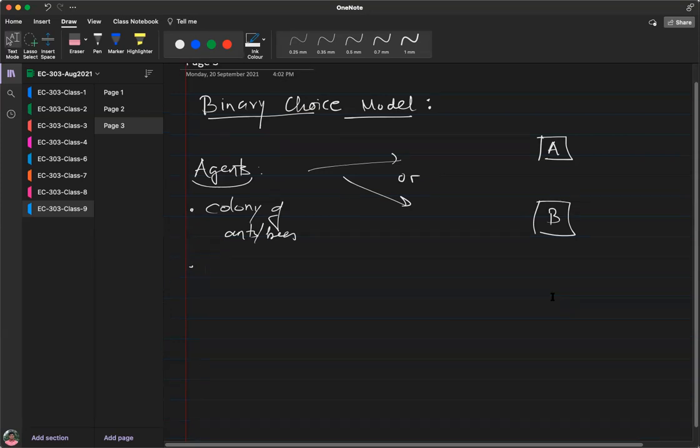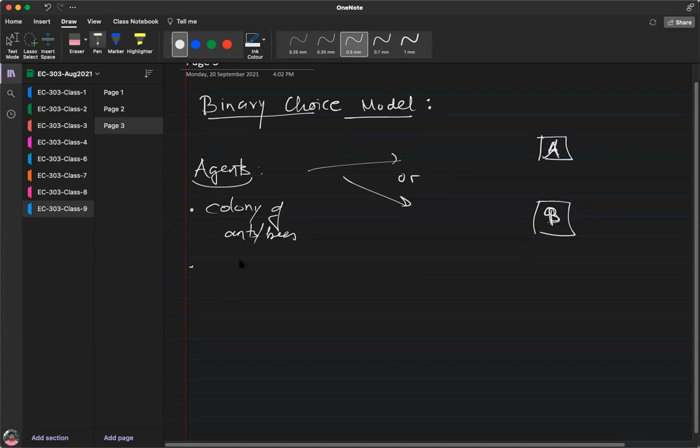Now let us write down the rules for this binary choice model. We have to make some notation. Let's choose capital A and capital B to start off with. Maybe let me write this in a curly way to indicate that these are some states.